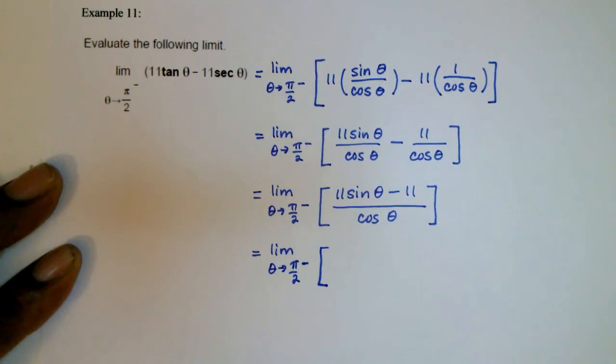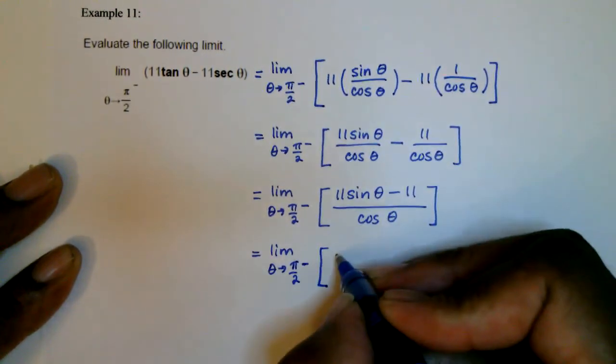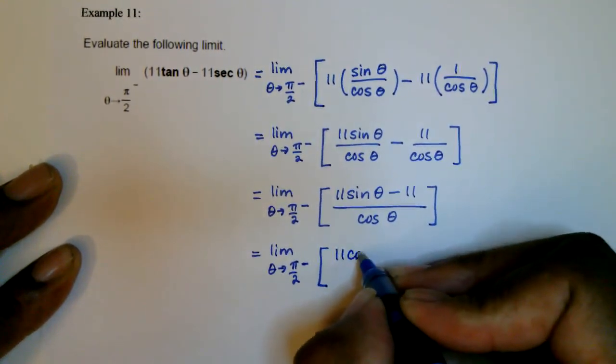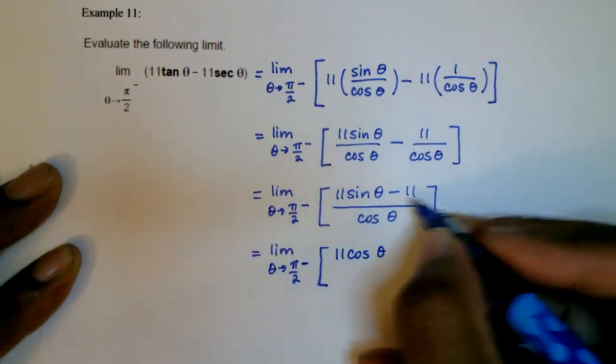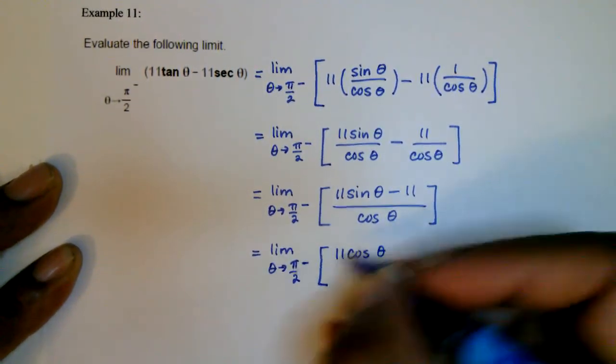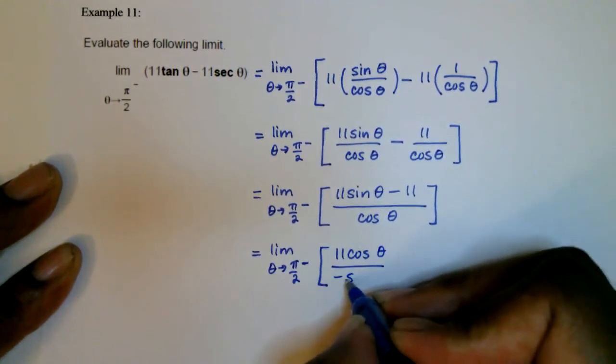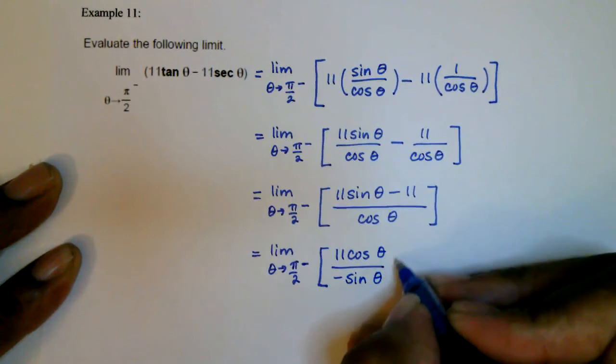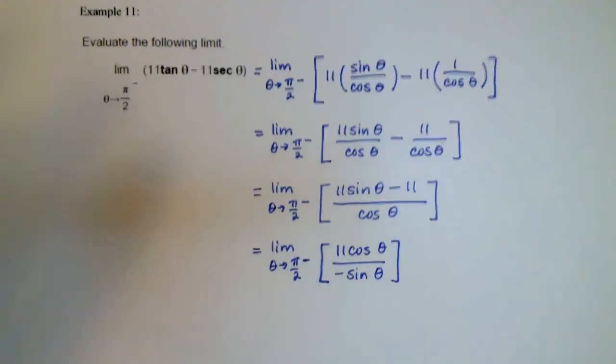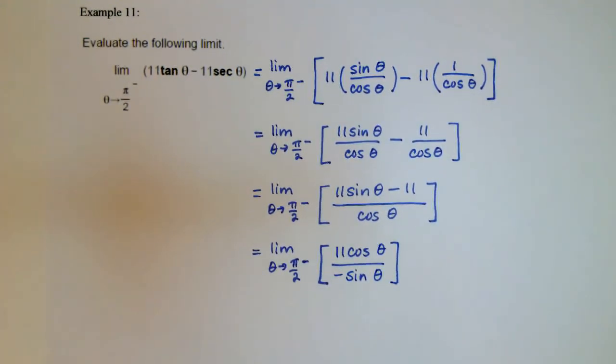The derivative of the sine is the cosine. So that's going to be 11 cosine theta. The derivative of 11, that's going to be 0. The derivative of the cosine of theta is going to be negative sine of theta. Okay, that's one of our derivatives of our trig functions, to be familiar with that.